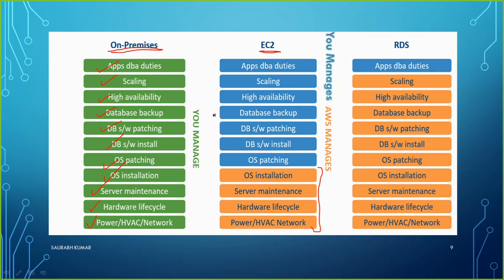Server maintenance will be taken care of by AWS. Hardware lifecycle will be taken care of by AWS. Power, network, cooling system will be maintained by AWS. But other tasks you have to do, like operating system patching, database software install, database software patching, database backup, high availability, scaling, DBA duties, creating tables and all. These will be done by you as an IT person of that company.